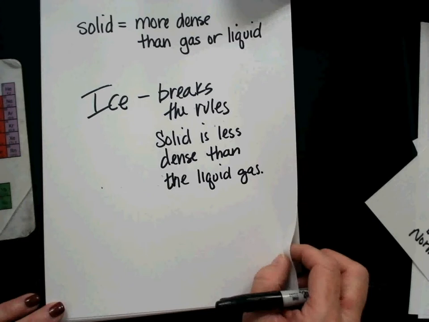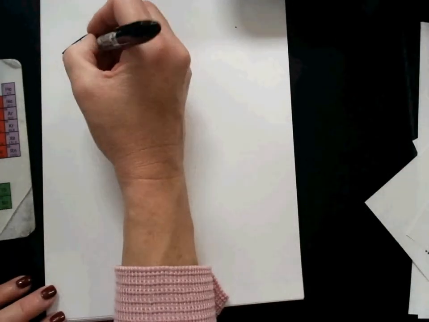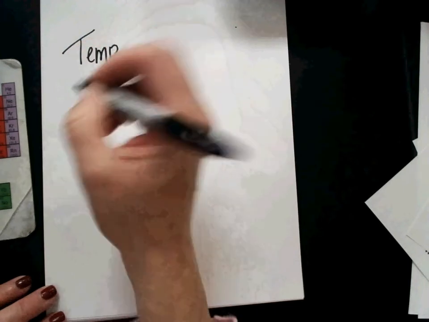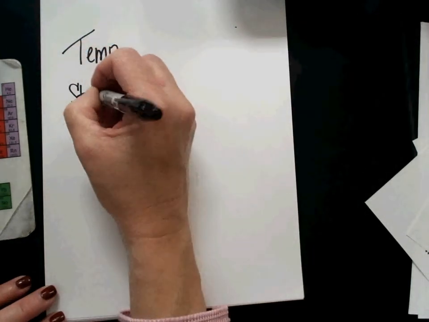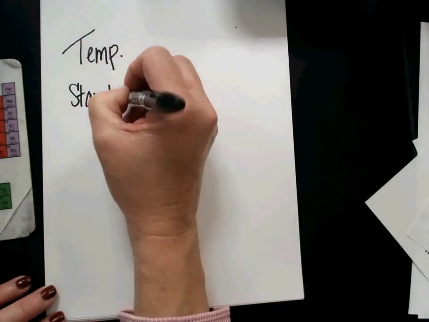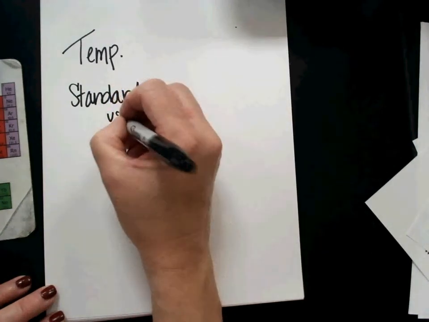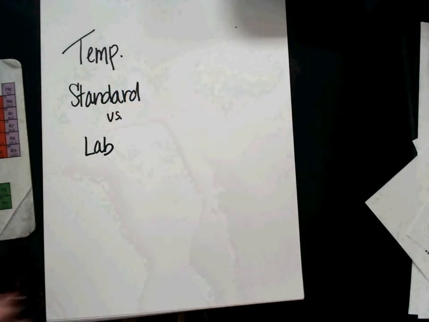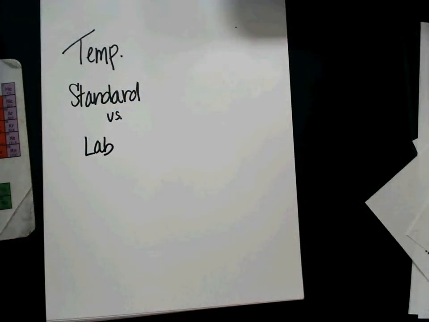Then I only have one other thing that I want to show you today, and it has to do with temperature, and it's very easy. Standard for temperature versus what we use in lab.